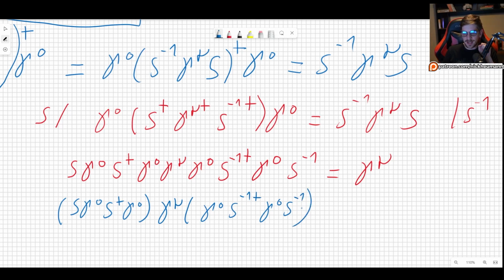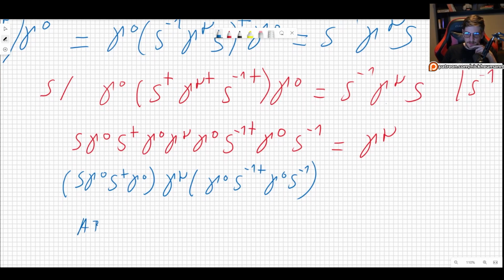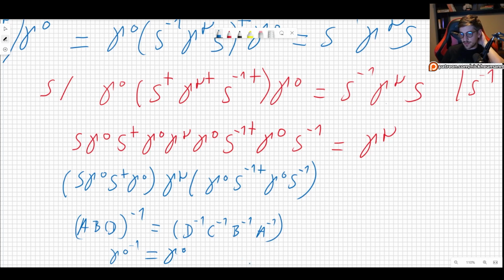But now keep in mind that if we have something like A, B, C, D, and we want to take the inverse of the product of those matrices, it's the same as D to the minus 1, C to the minus 1, B to the minus 1, A to the minus 1. And also, gamma 0 to the minus 1 is simply gamma 0. It is its own inverse. Gamma 0 squared is 1.